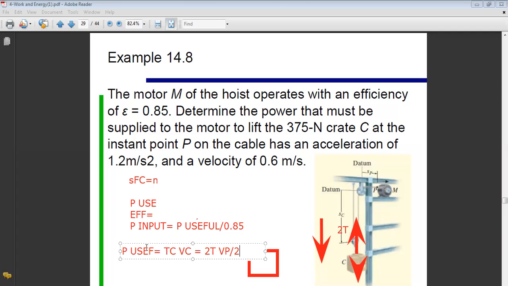So you go back to the same formula, which is T times Vp, because here you have double tension, but the velocity is half. So you get again T times Vp, which is the result we used previously.